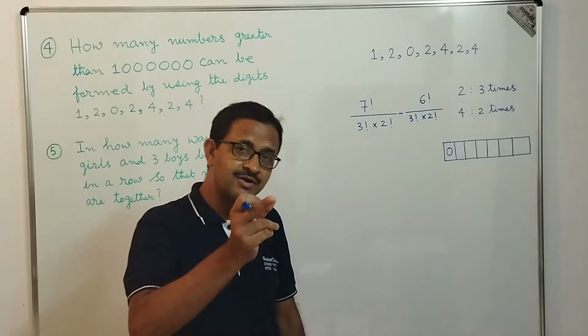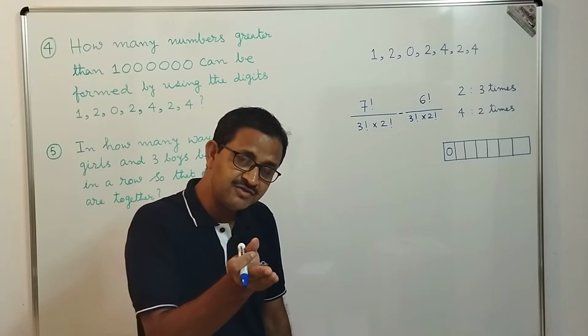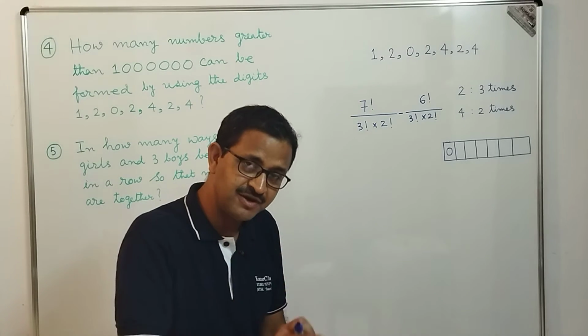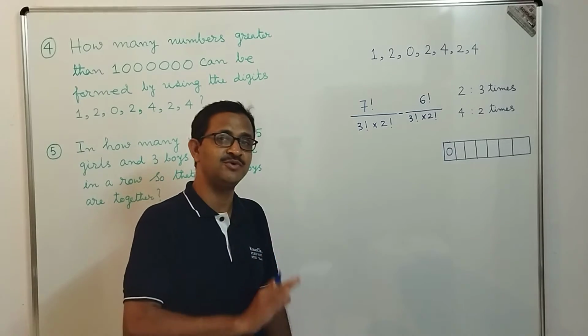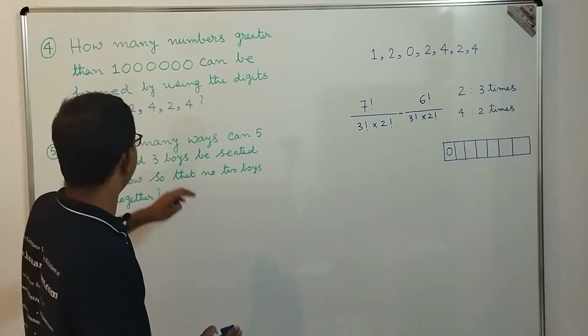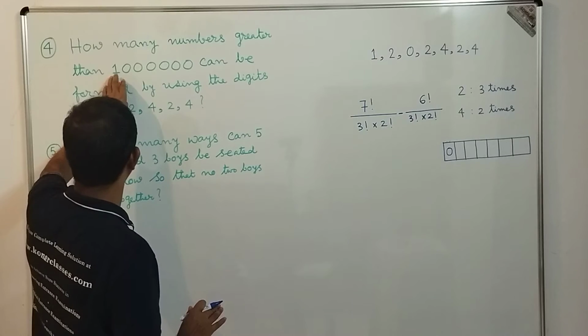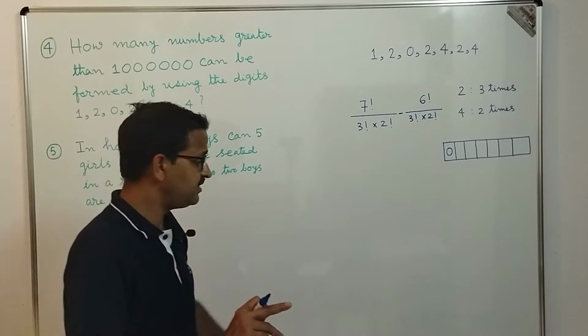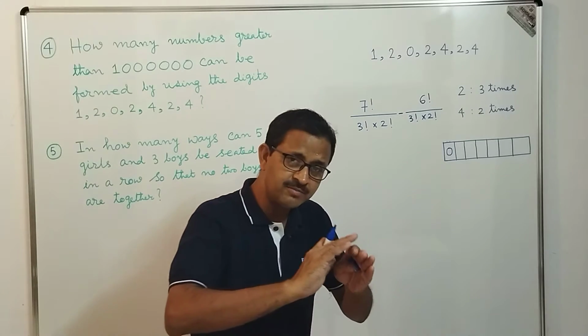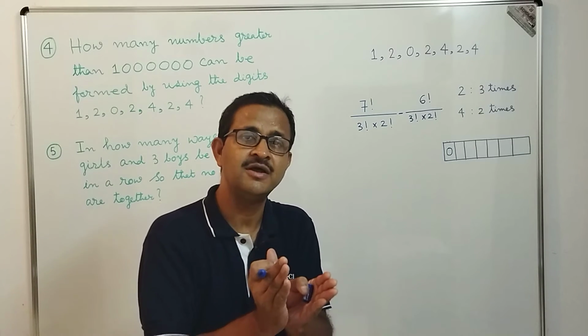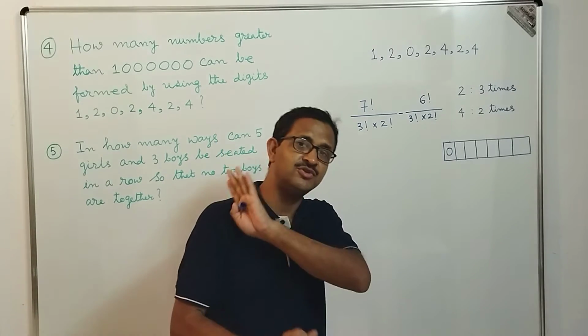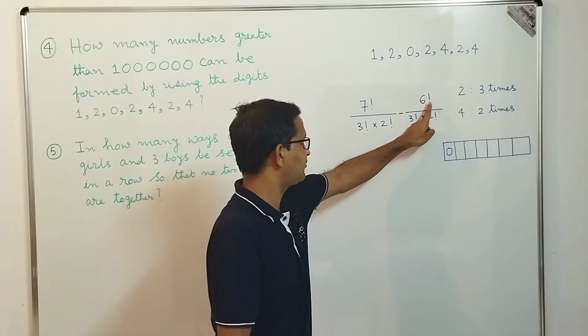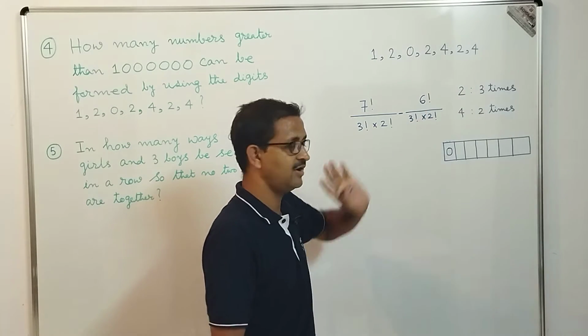As our question is to find the number of arrangements not starting with 0, that is, the numbers greater than 1000000, we should subtract all the possible arrangements in which the number starts with 0. And what is this number? Factorial 6 by factorial 3 into factorial 2.